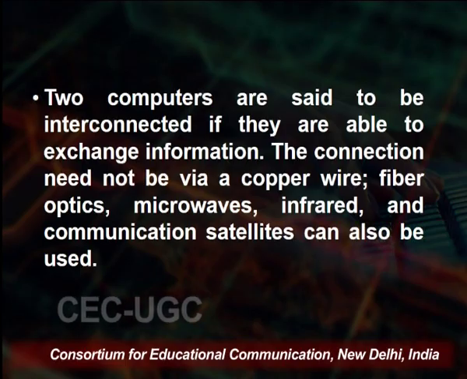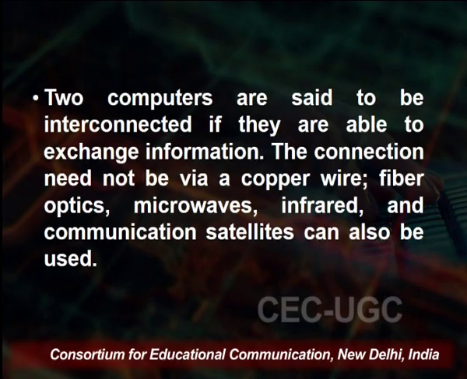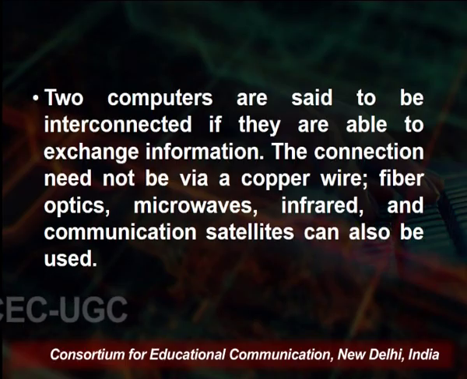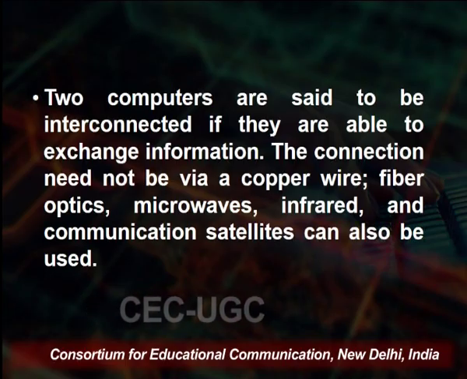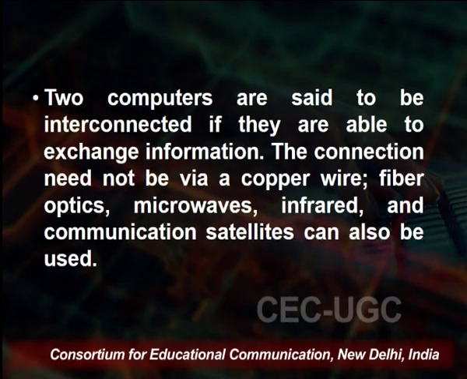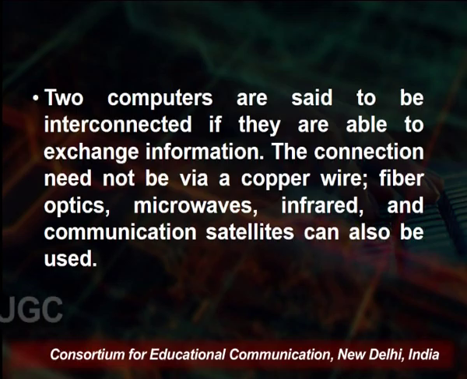This could be any type of connection, starting from a legacy copper wire, or a twisted pair cable, or an advanced fiber optic. All these are media. Copper wire, twisted pair cable and fiber optics, all three come under the category of guided media. On the other hand, we can have unguided media.